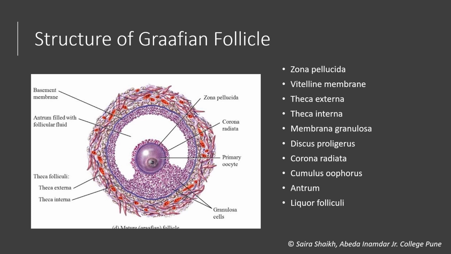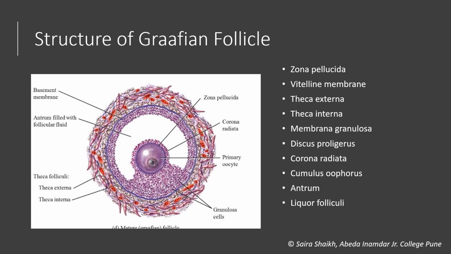These stroma cells further redivide and form a double layer structure around the granulosa cells. This double layer structure is differentiated into theca externa and theca interna.